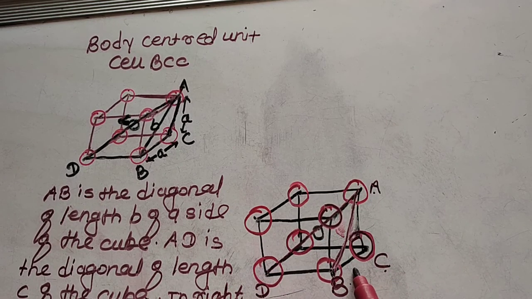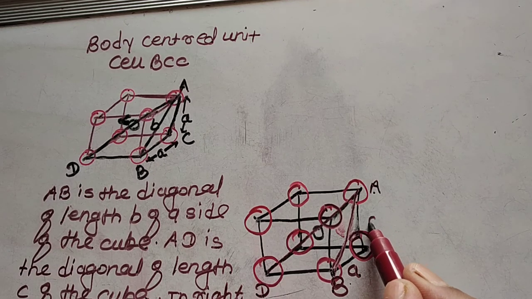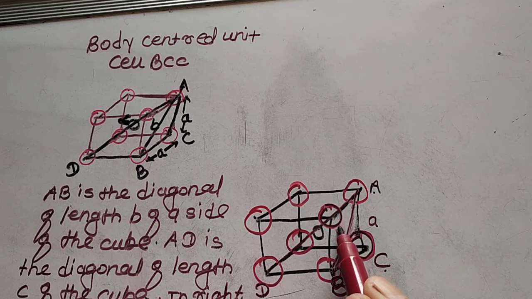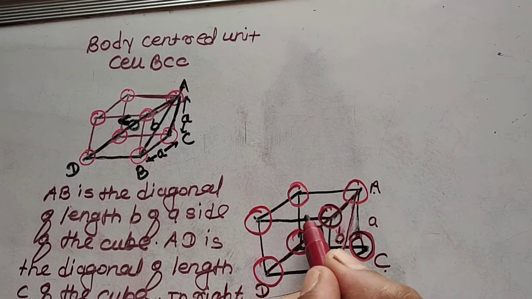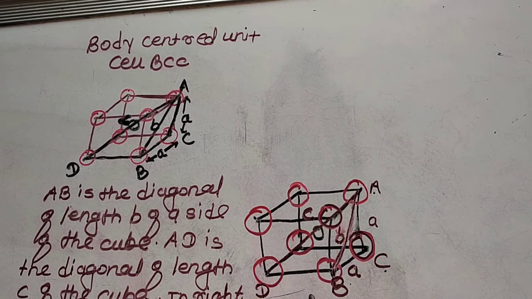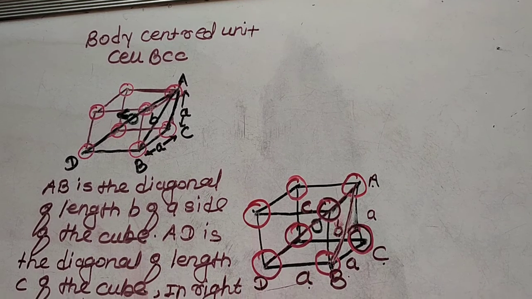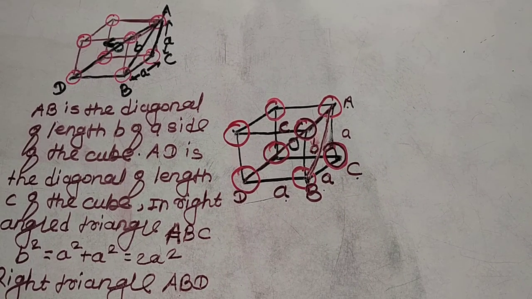The edge length of this BC is a, the edge length of this AC is a, and AB is b, and the diagonal length for the AD is c. And BD has edge length a. Both are right triangles. AB is the face diagonal.